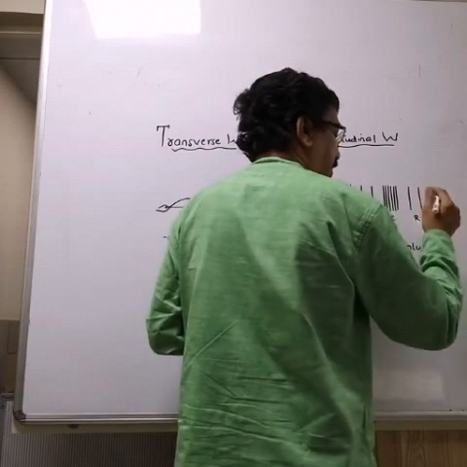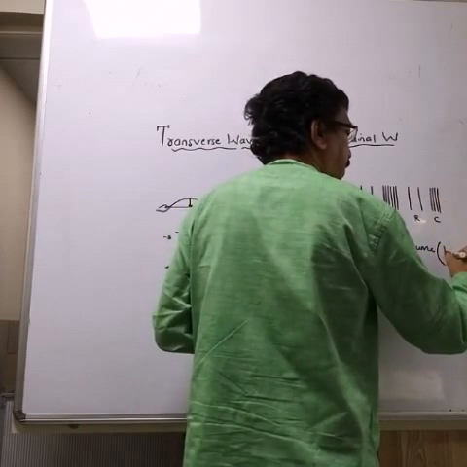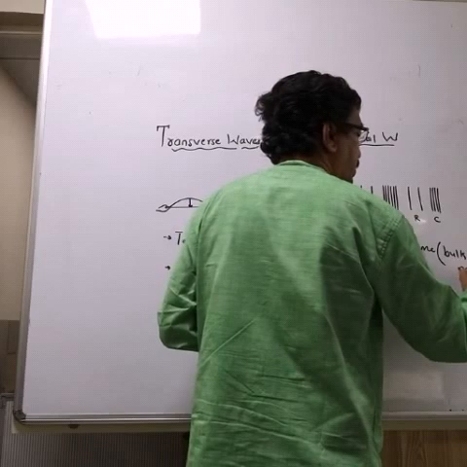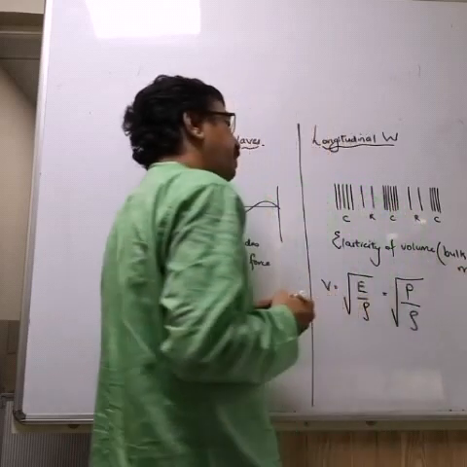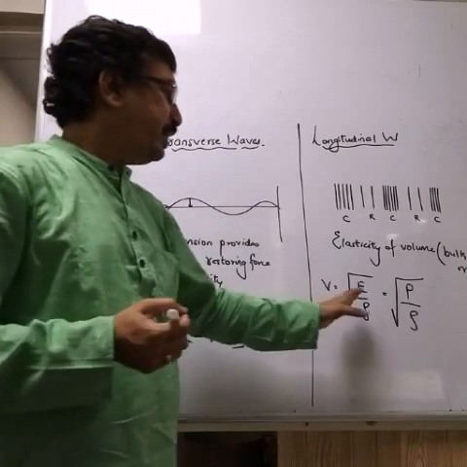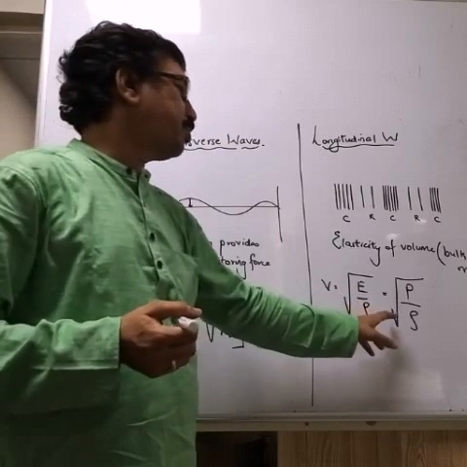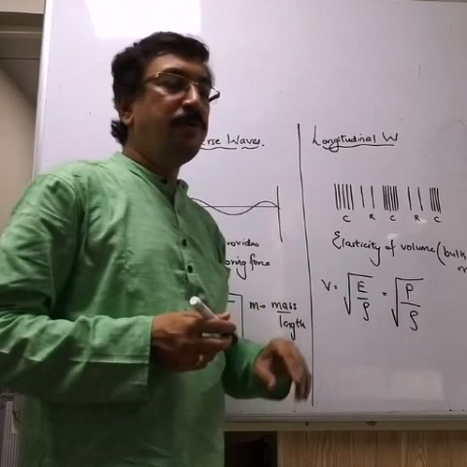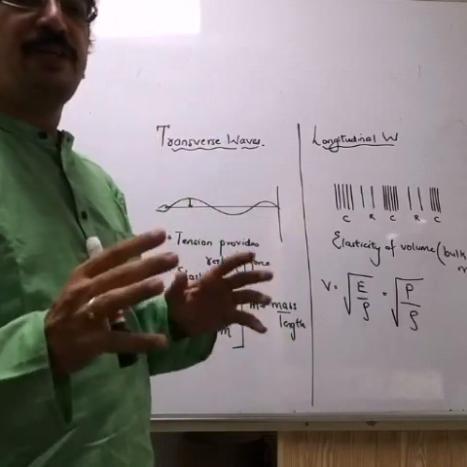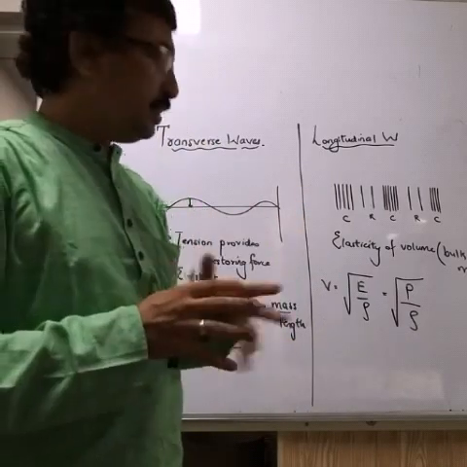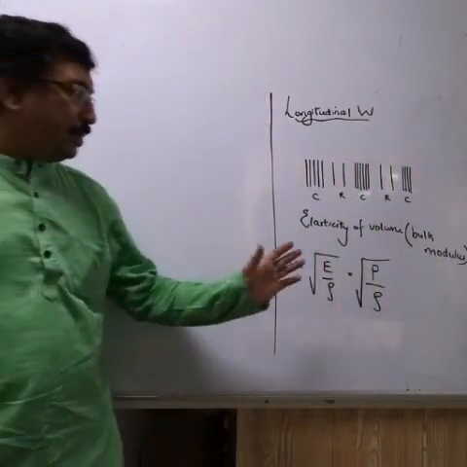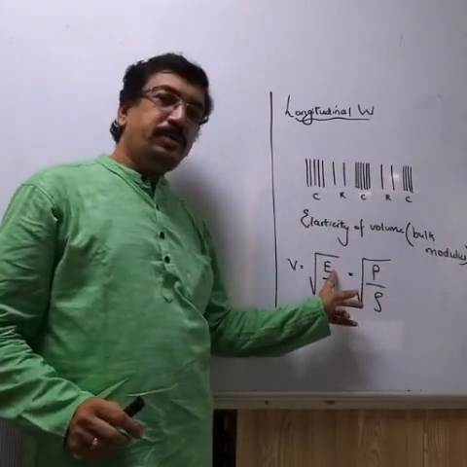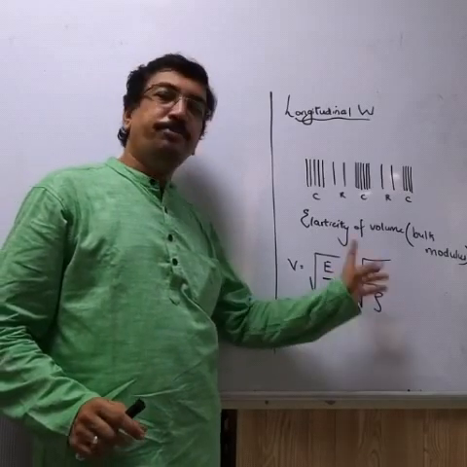It is called the bulk modulus. We get this formula V equal to square root of P upon rho, where P stands for pressure of the air. Here I am relating the elasticity of the medium with the pressure of the medium.